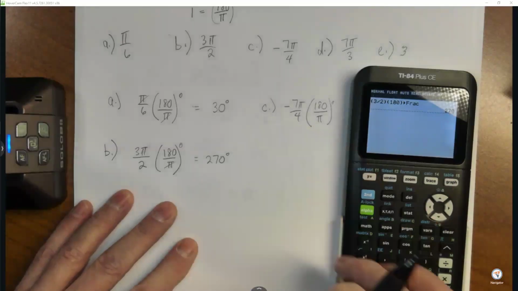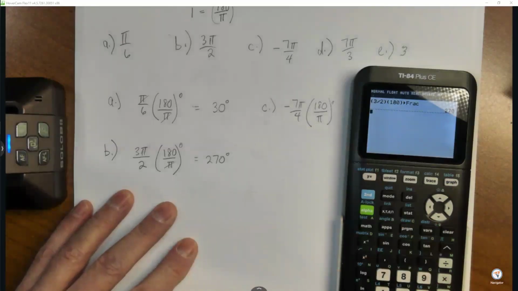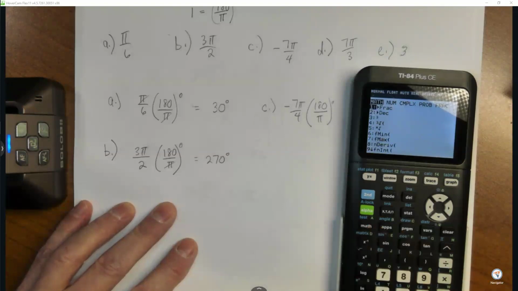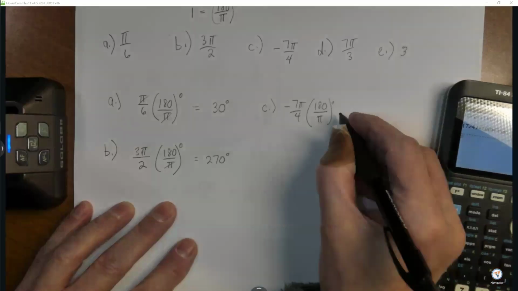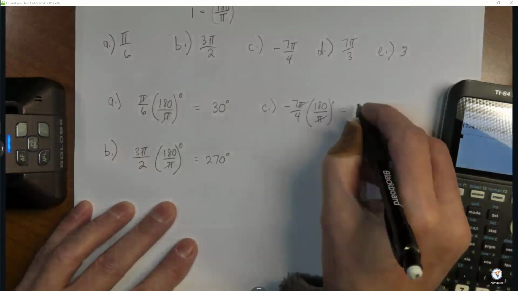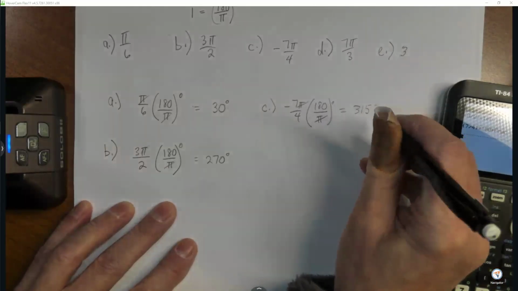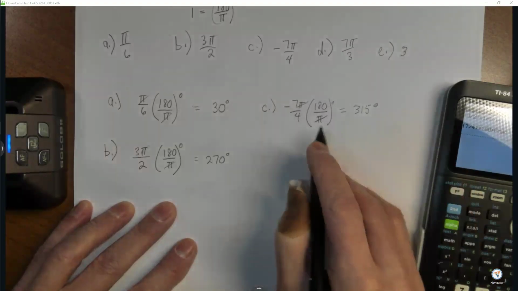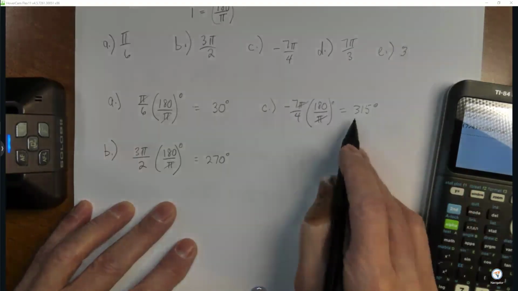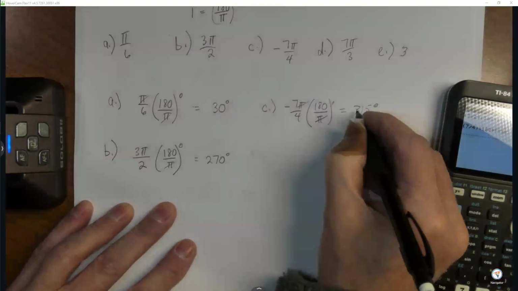If I take 7 divided by 4 times 180, it's 315. The pi cancels out, and we're left with 315 degrees. But what did I do wrong? That should be negative. I didn't bring the negative over.